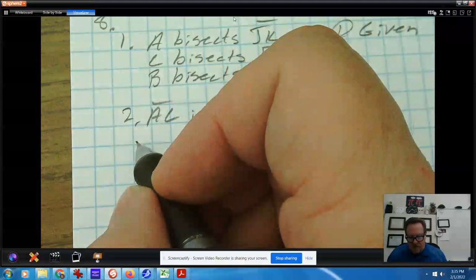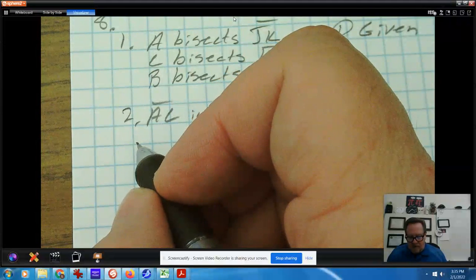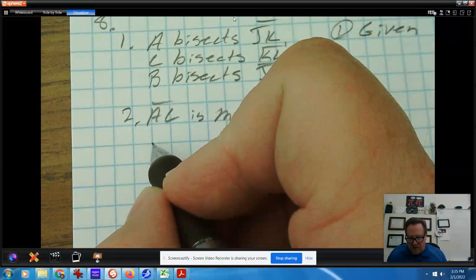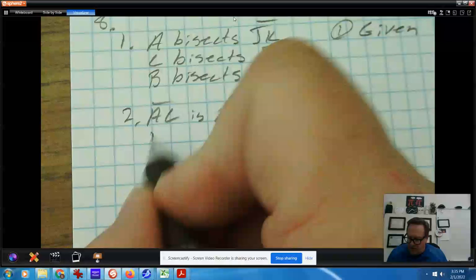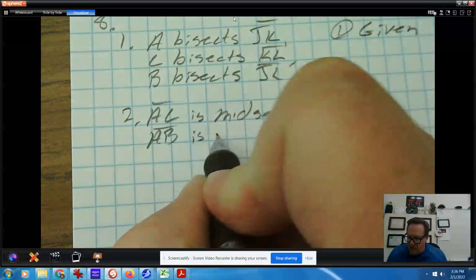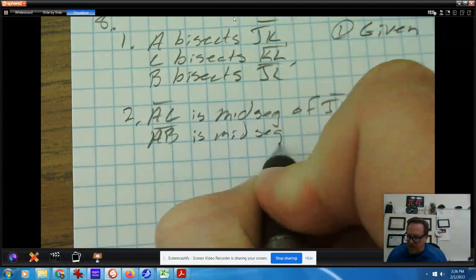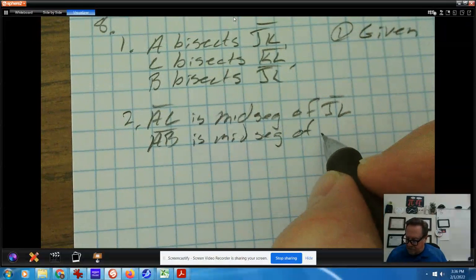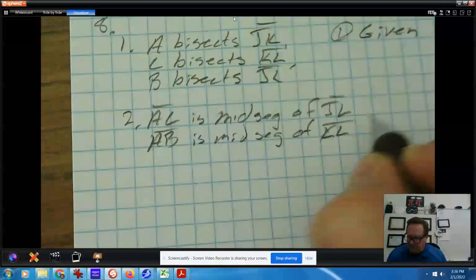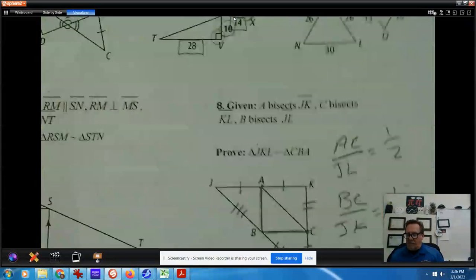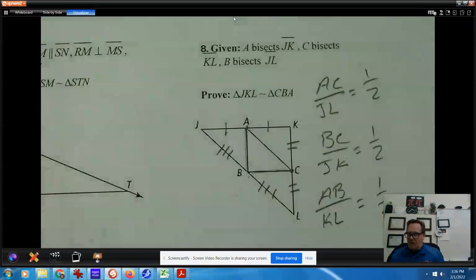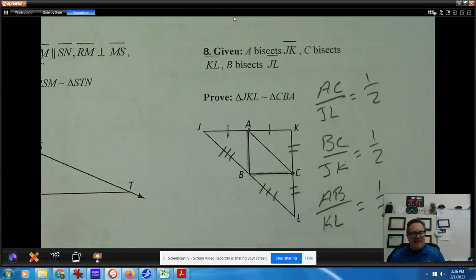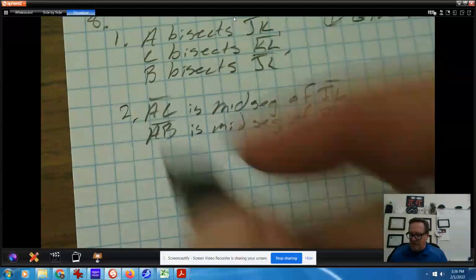And AB, yeah, let's do AB first. AB is mid segment of KL. Same reason. There it is. AB, mid segment of KL, right? That is, it's parallel to KL, and it's going to be half its size because that's the whole idea, right?